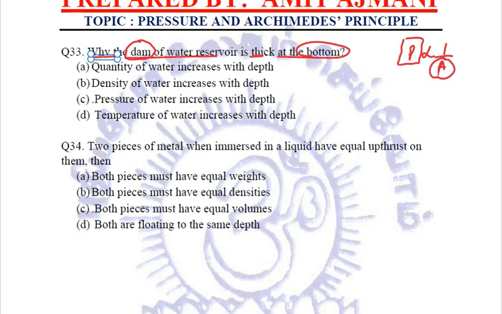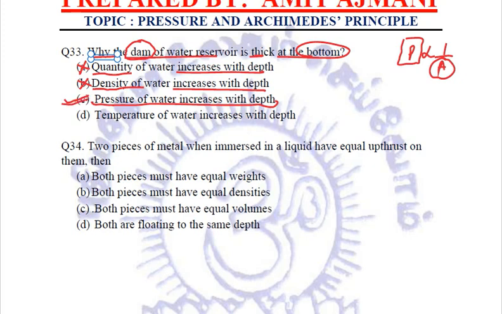So the reason for having a thick dam of a water reservoir at the bottom is to reduce the pressure by increasing the area. Let us see the right options. Quantity of water increases with depth, nothing to relate with it. Density of water increases with depth, nothing related to it. Pressure of water increases with depth.